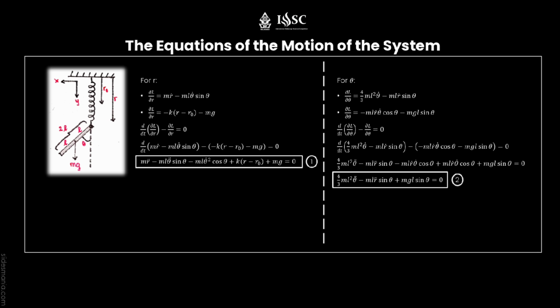For theta, 4/3 ml squared theta double dot minus ml r double dot sin theta plus mgl sin theta equals 0.